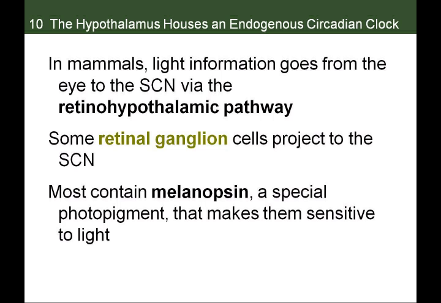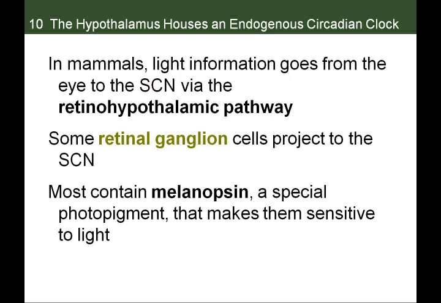And there are specialized cells there called the retinal ganglion cells that are in the very back of the eye that will project straight to the suprachiasmatic nucleus, telling the suprachiasmatic nucleus about the light out there.